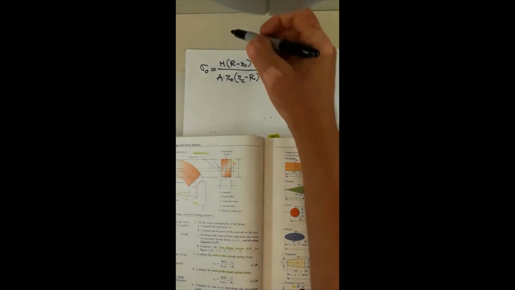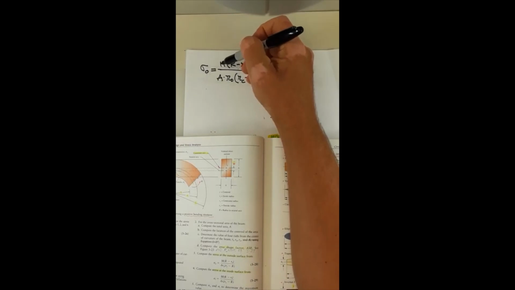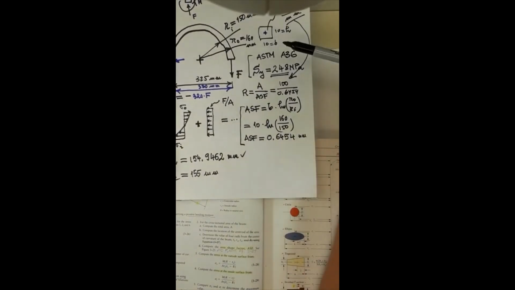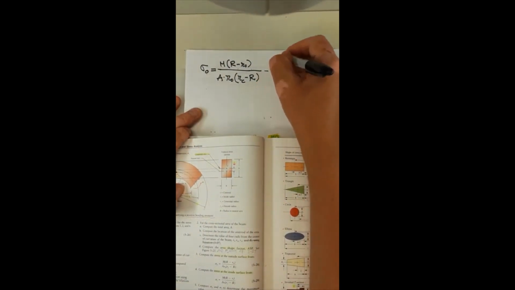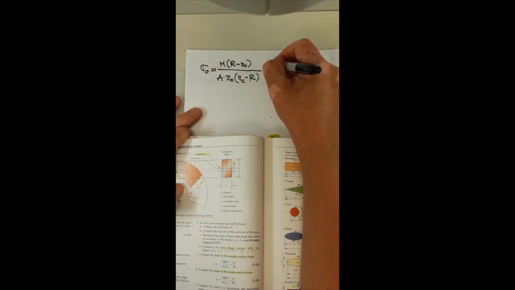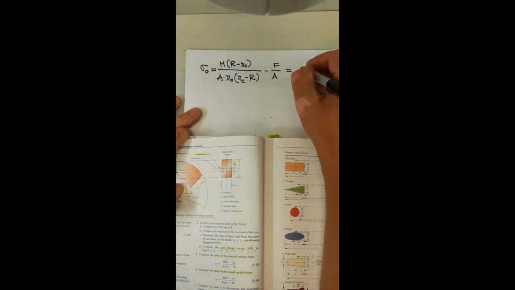Okay, so with a negative moment here, I need to take this as negative, the way we had it, negative 320 times F. This will end up being a positive value, and then from this one I'm going to subtract F over area, and I'm going to say this is equal to SY. Okay?